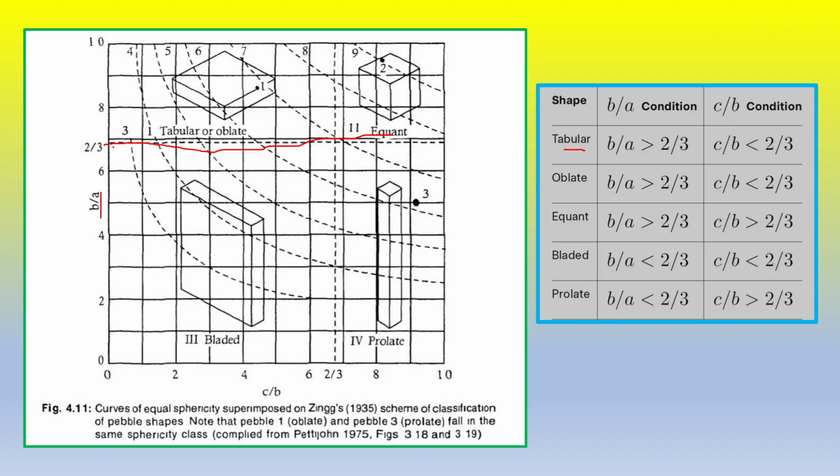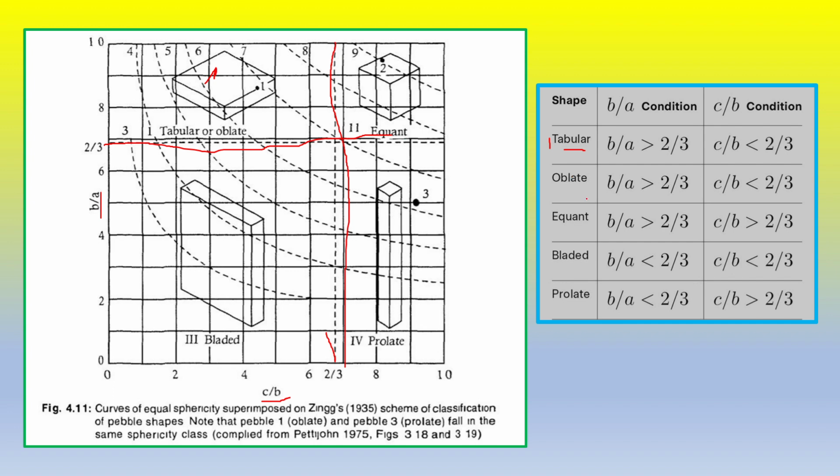So b by a is greater than 2/3 and c by b, this is c by b, and this is the 2/3 line. So when c by b is less than 2/3, then what happens? Tabular form occurs. See, this is the tabular.